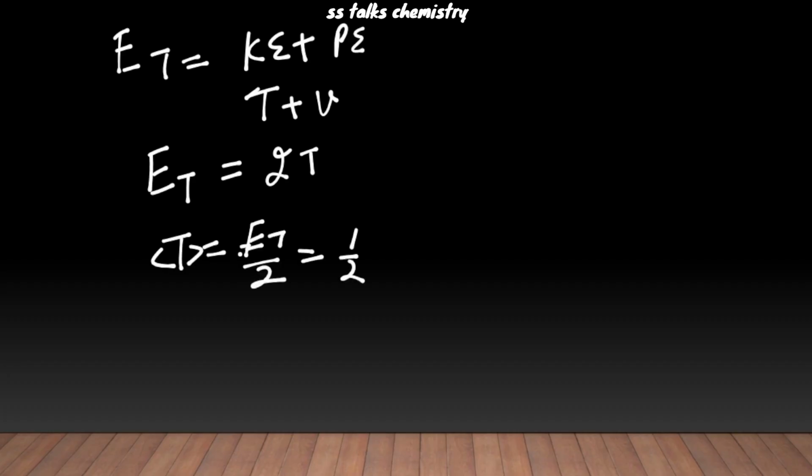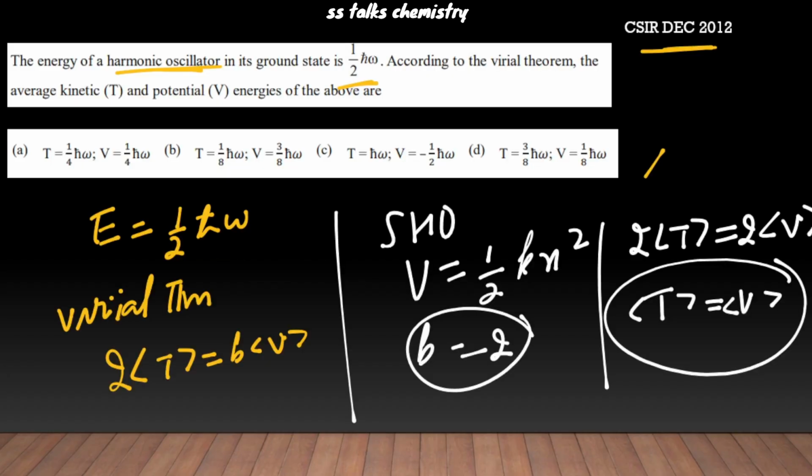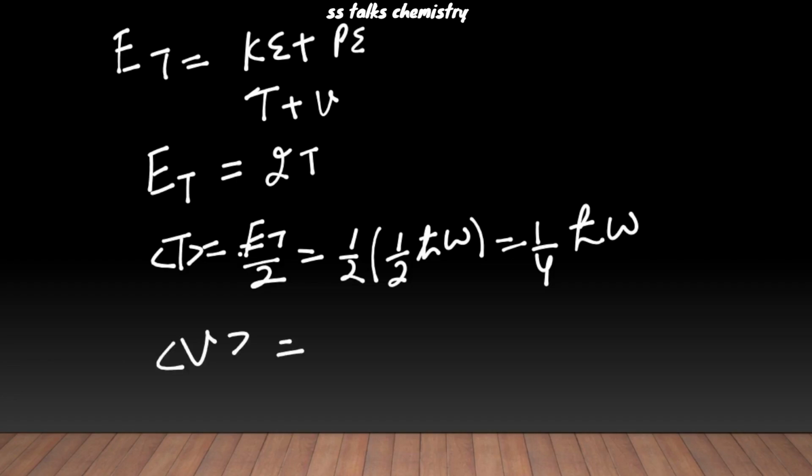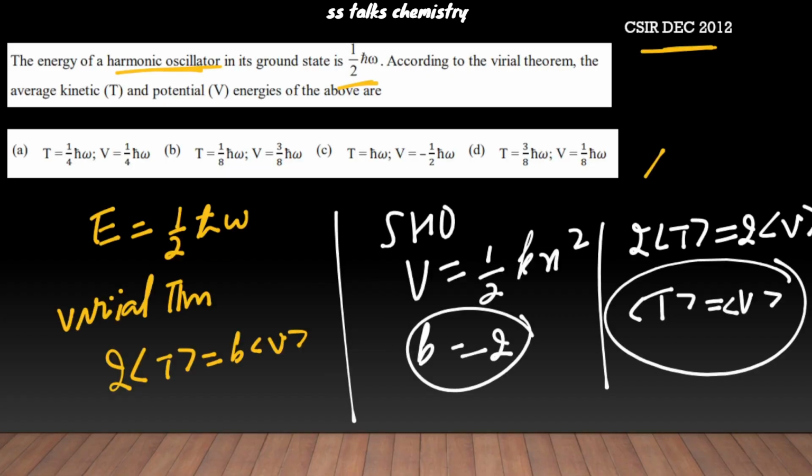So 1 by 2 of this value, which is half of ħω, so kinetic energy is 1/4 ħω. Similarly, the potential energy is also 1/4 ħω, right? So both are the same, 1/4 ħω. These values are given. Option A becomes the right answer.